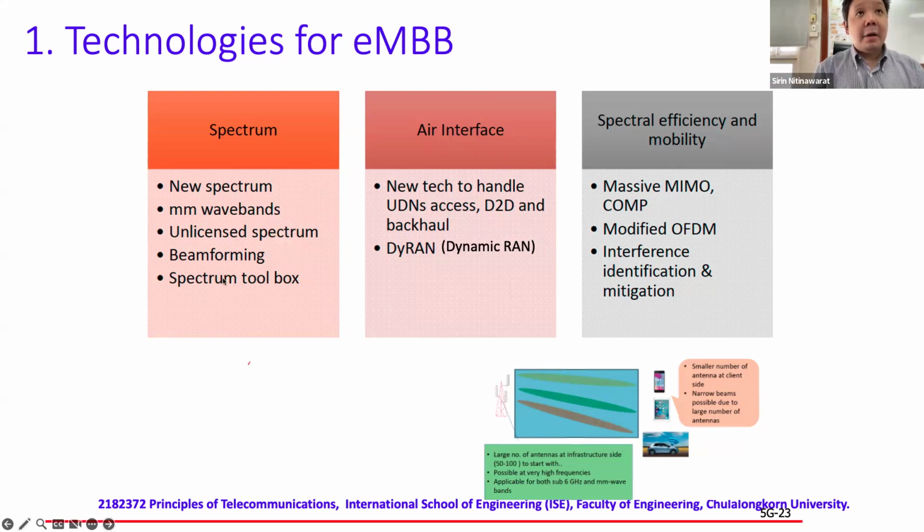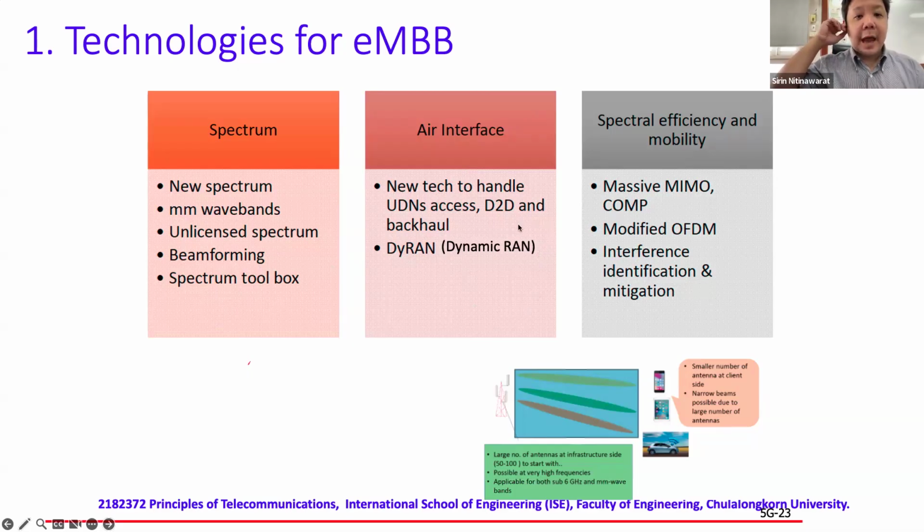Some multi-antenna techniques are being used, like beamforming and MIMO. And because we are integrating multiple spectrums together to increase the maximum rate and the capacity, 5G needs a good spectrum toolbox to deal with this spectrum integration as well.